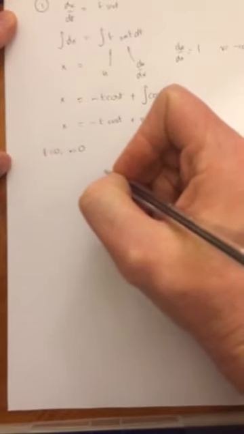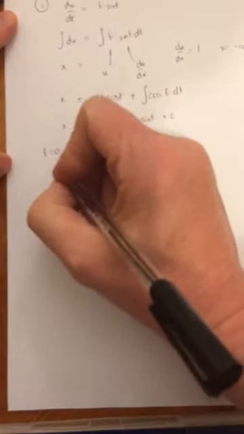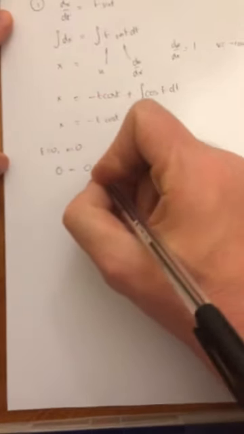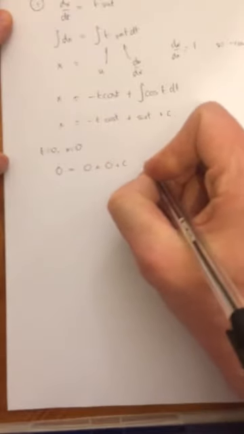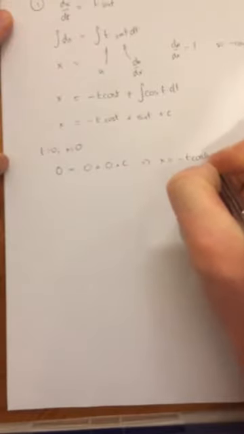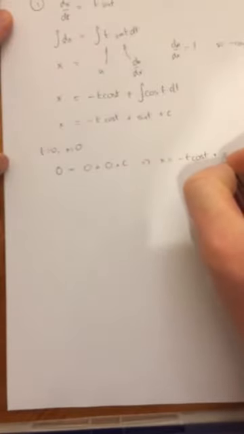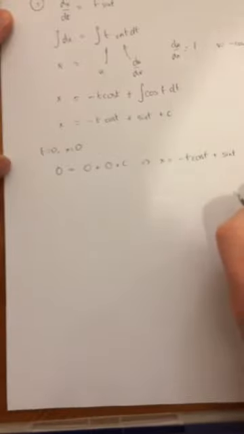So 0 equals 0 plus 0 plus c. So x equals minus t cos t plus sine t. That's it. Okay, show that when t equals pi over 2, P is 1 metre from O.